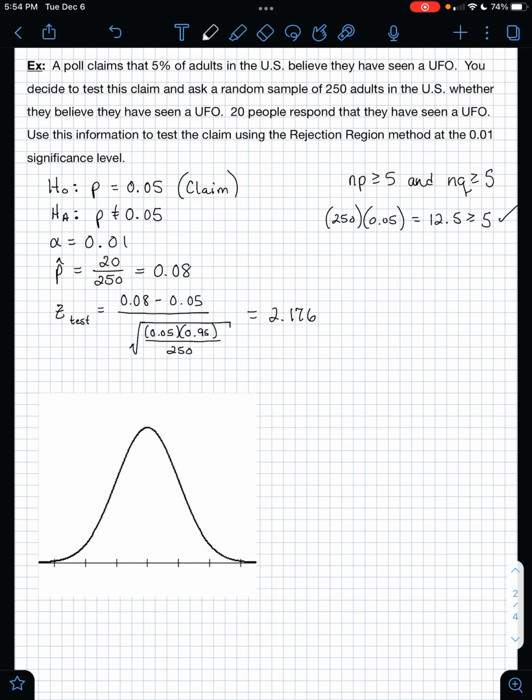Now, we don't actually have to check the other because, and we'll do it here just to illustrate the point, but we really only need to check the smaller one because 0.95 is significantly larger than 0.05. So 0.95 is going to give us a significantly larger total.